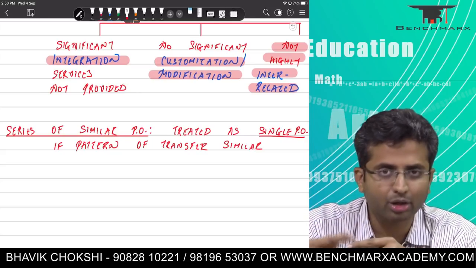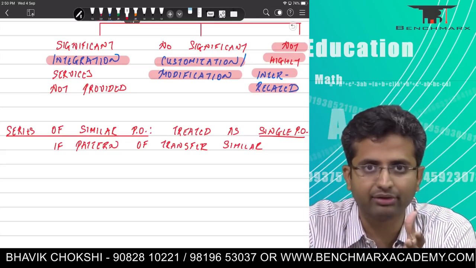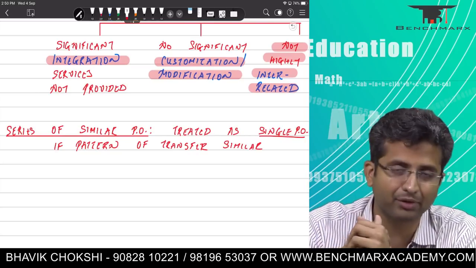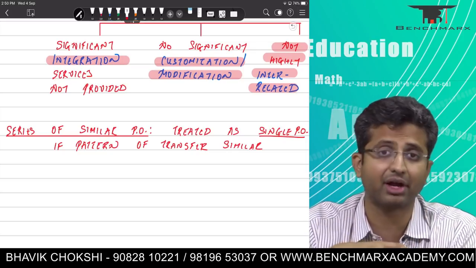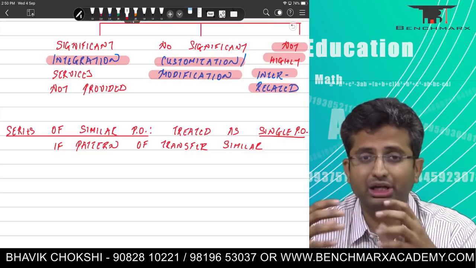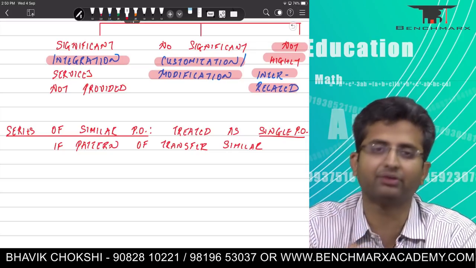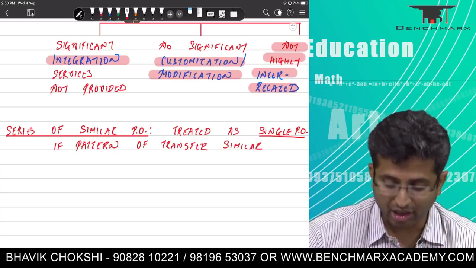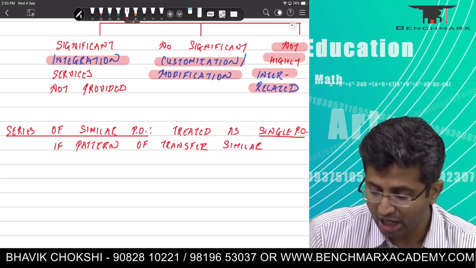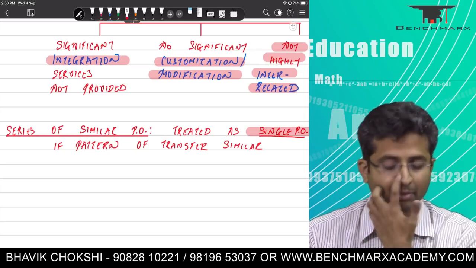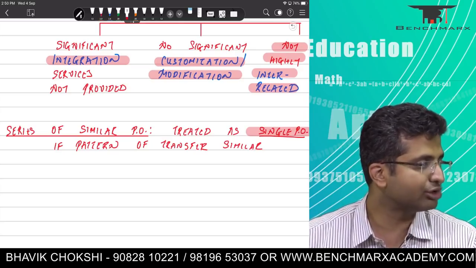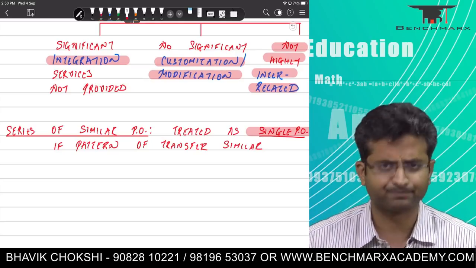However, as the pattern of transfer is the same on a daily basis, the standard says that all of these can be counted as a single performance obligation and not 365 different performance obligations, as long as the pattern of transfer continues to remain the same. So if there are a series of performance obligations, they will be treated as a single performance obligation if the pattern of transfer for each of the promises is similar.